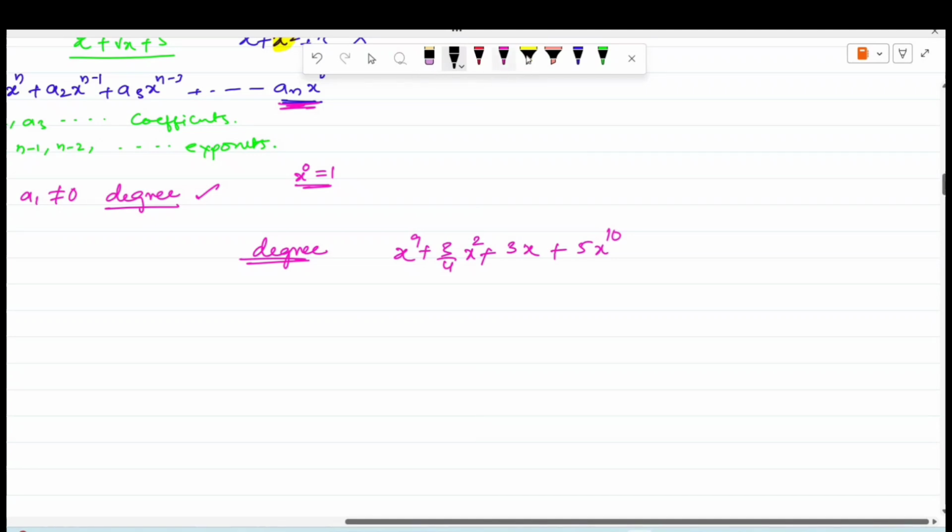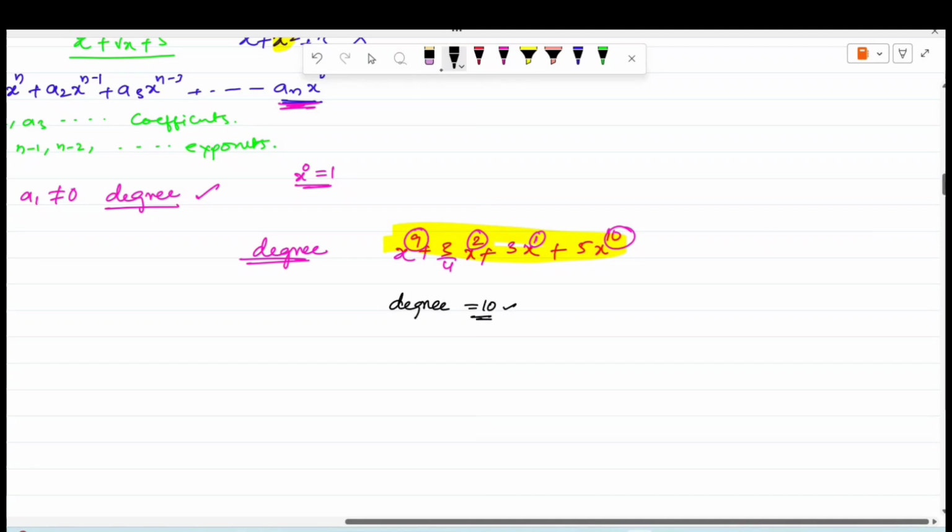Whether it's a polynomial or not, first observe that every exponent is positive and non-fractional, so definitely it's a polynomial. The degree is the highest power: here it is 9, next is 1, and here it is 10. So the degree of the polynomial is equal to 10.